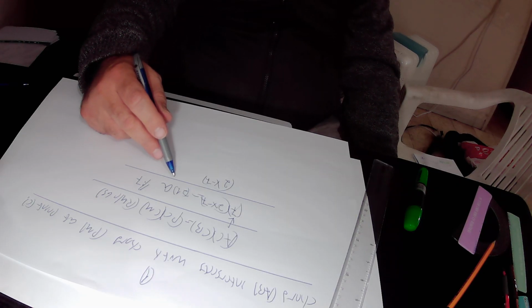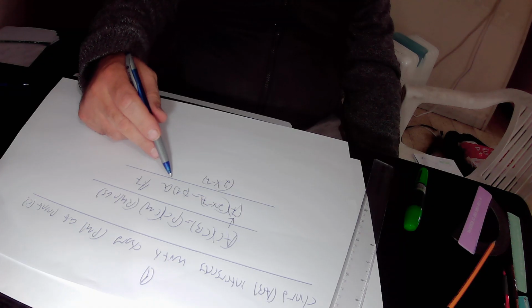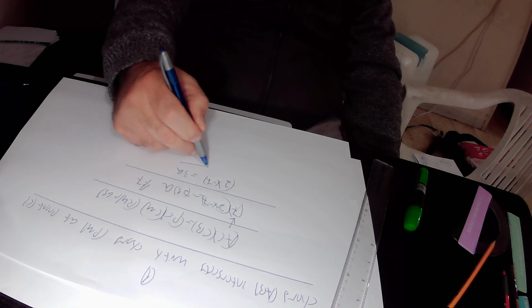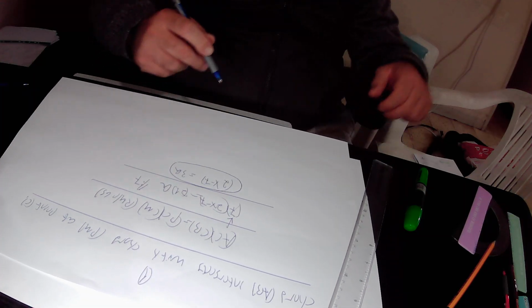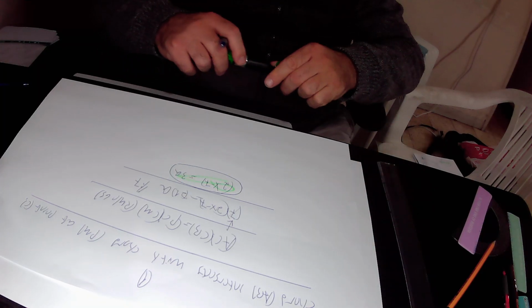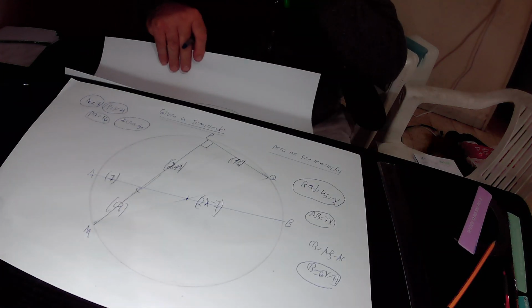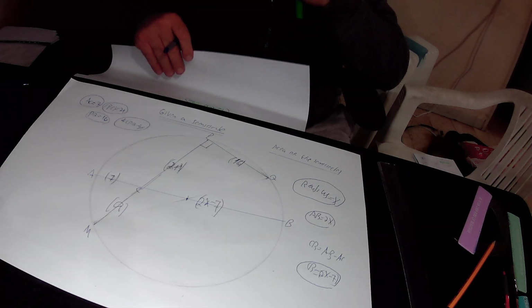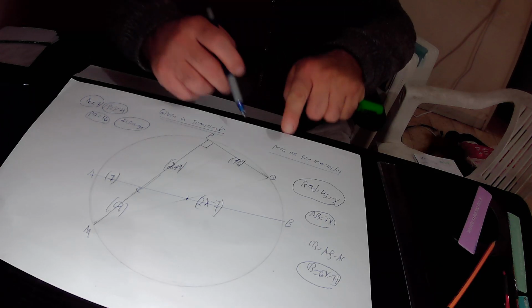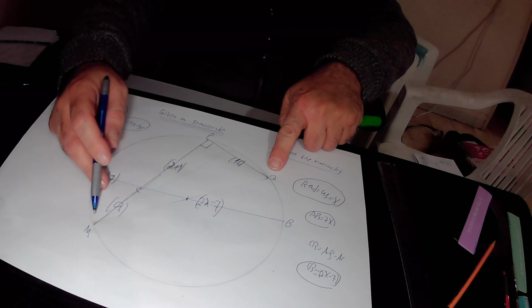On the other side we have 21 over 7, that is 3, so the expression equals 3a. So in total 2x minus 7 equals 3a. In the next step, we will join points Q and M together by a straight line.